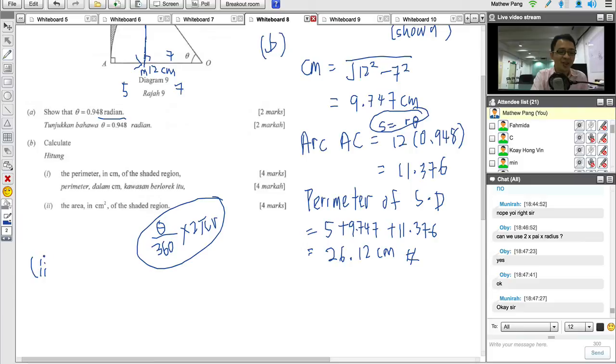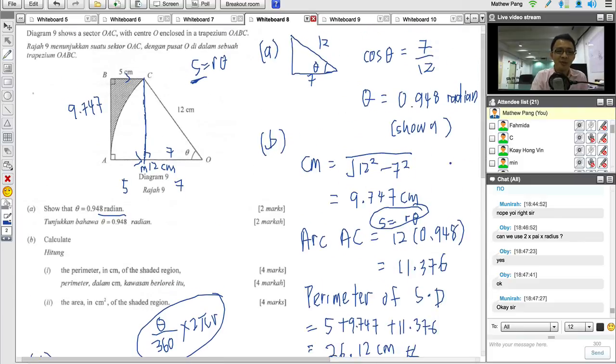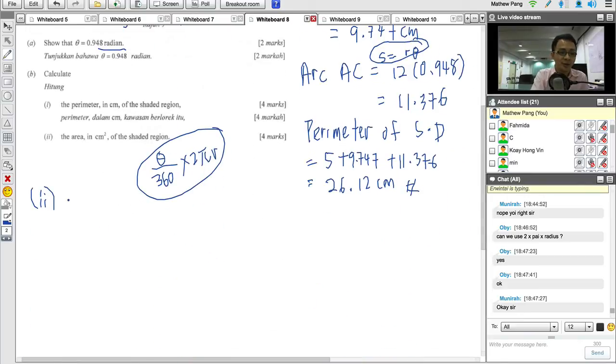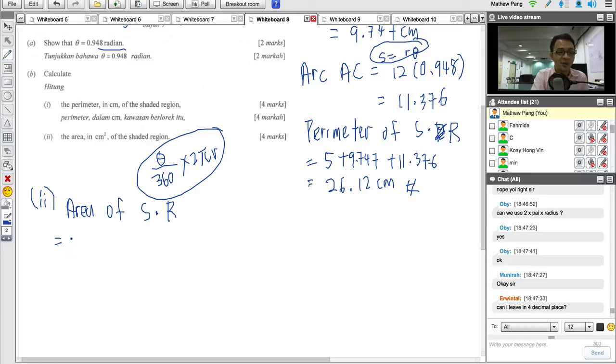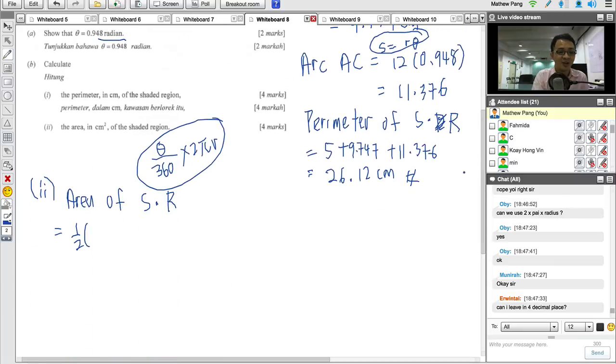Alright, area of the shaded region. It's very simple. You just need to find the area of trapezium and then you minus the area of sector. So area of shaded region, oh, it's not D, this is R, equals area of trapezium, which is 1 over 2 (a plus b), where a and b are 5 plus 12, so 5 plus 12 multiply the height.